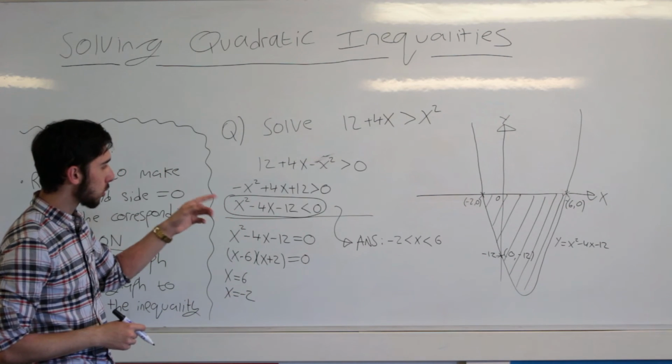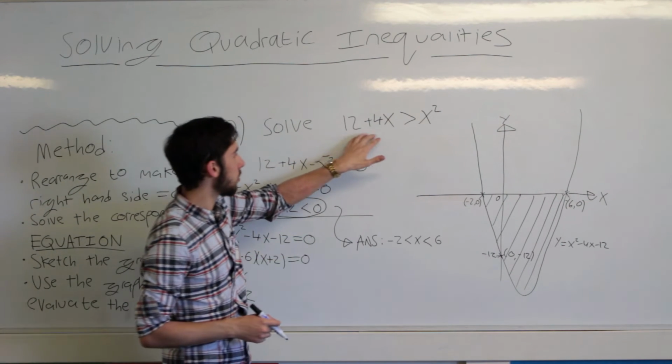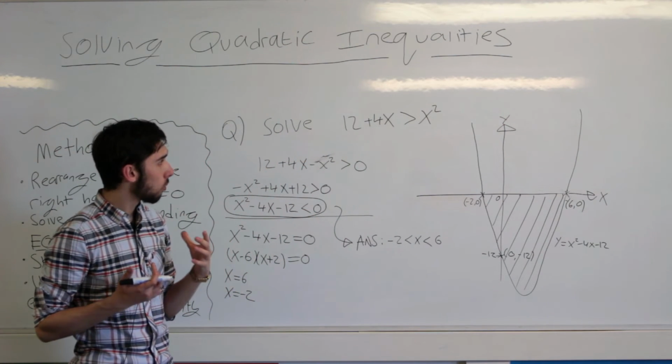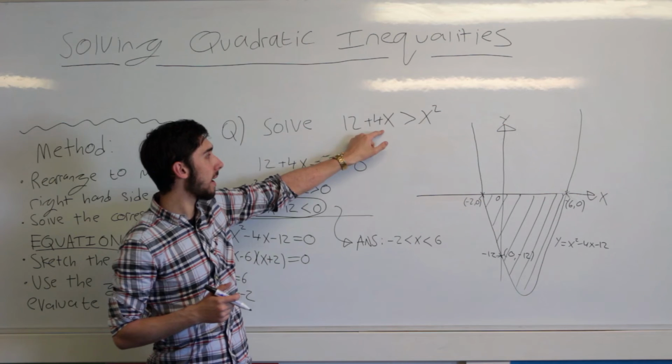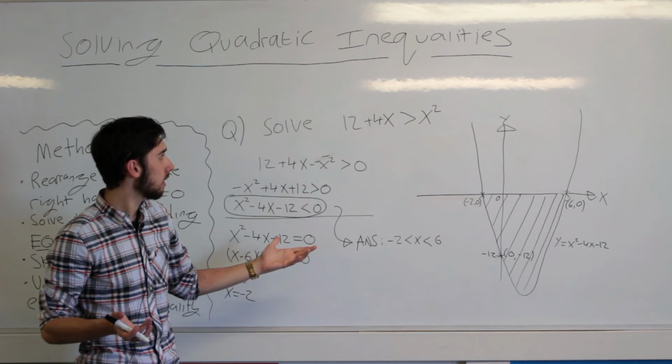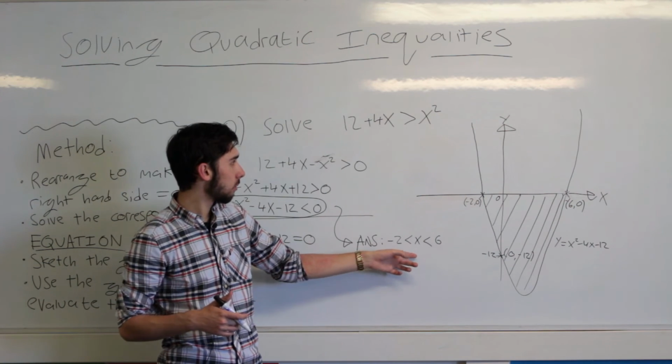Try it if you want. Put any number between -2 and 6 into this and this, evaluate them, and you will always get that 12 plus 4x is bigger than whatever number that you chose squared, okay? So let's just say an easy one.